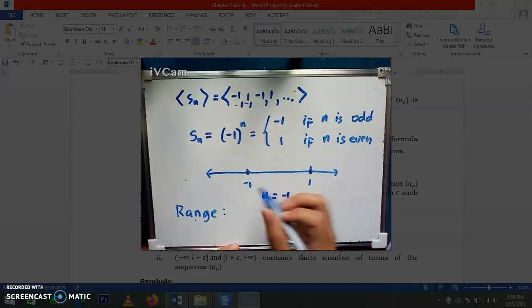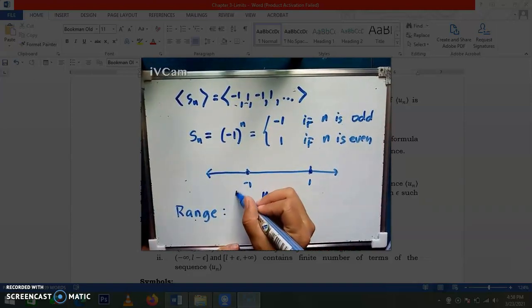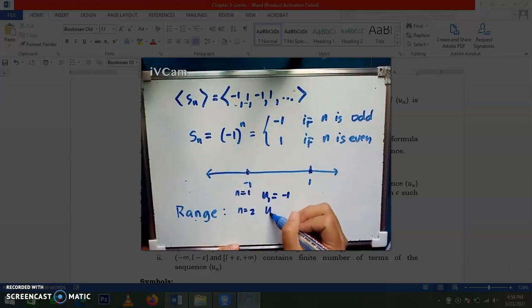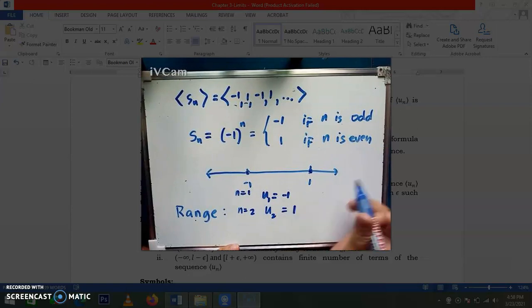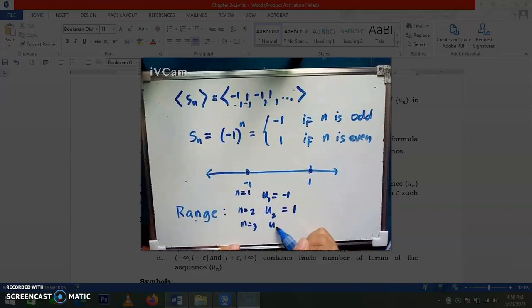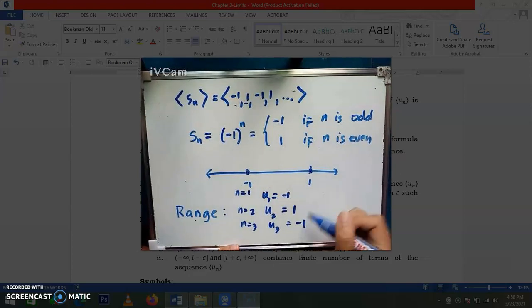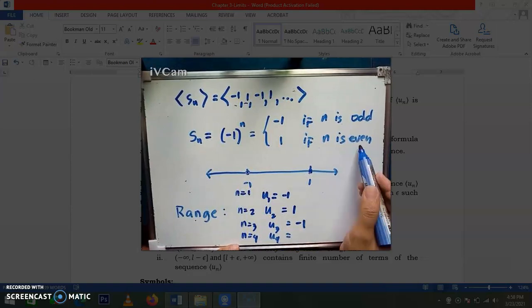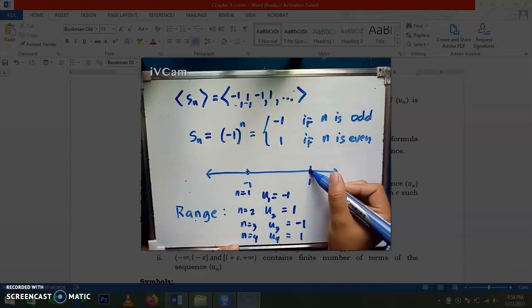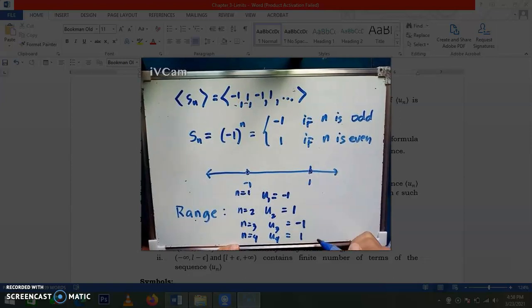And then when n is 2, u sub 2 is positive 1 because 2 is even. So we have here the point. When n is 3, u sub 3, because 3 is odd, we have negative 1. So another point here. When n is 4, u sub 4 is equal to, this is even, positive 1. So we have another point here, and so on.